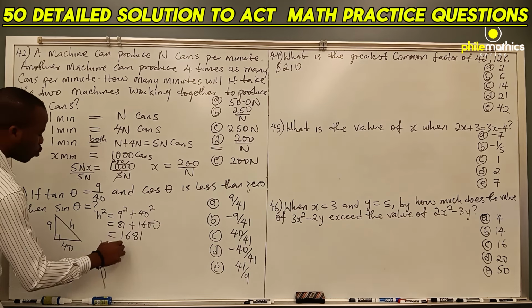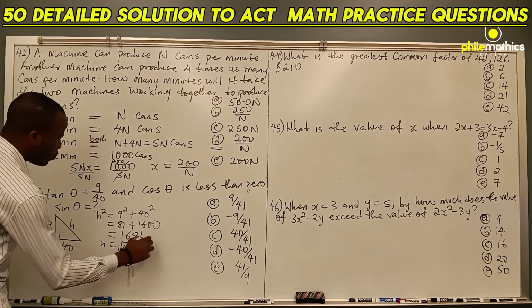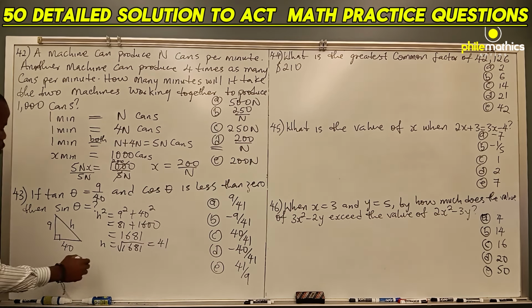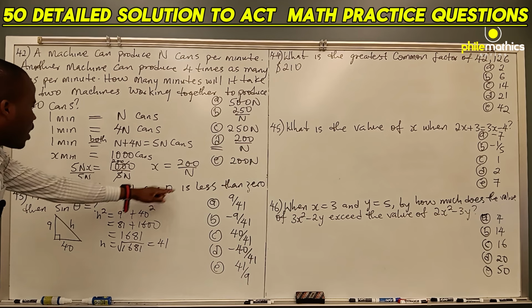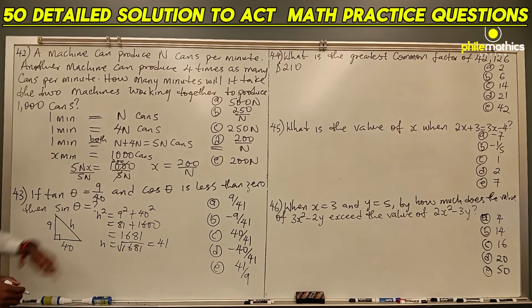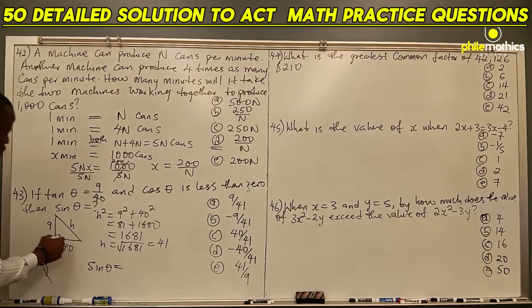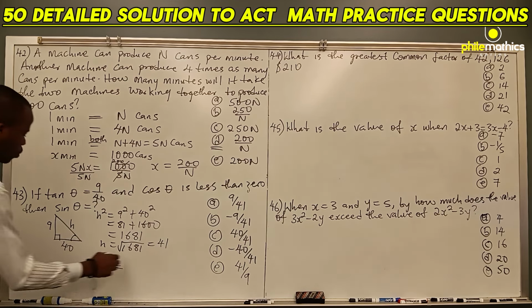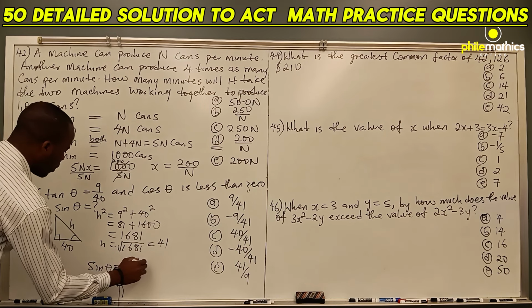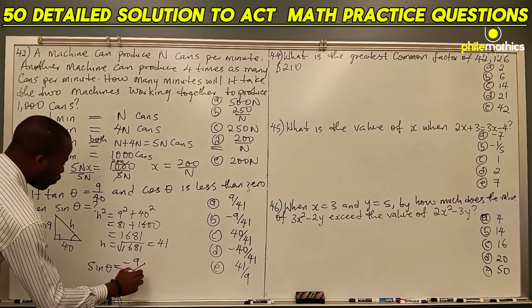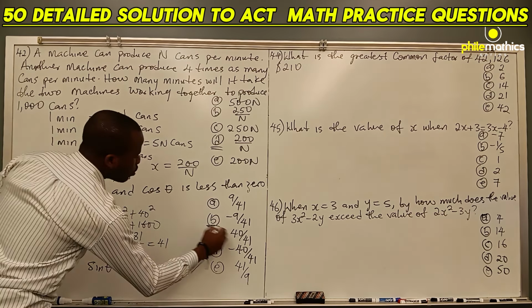So h is the square root of 1681, which is 41. So because cos theta is less than 0, sin theta has to be less than 0. So sin theta, which is opposite over hypotenuse, has to be less than 0, minus 9 over 41.